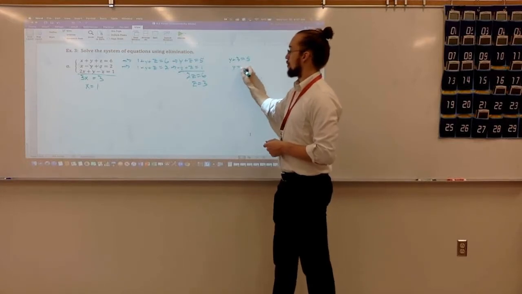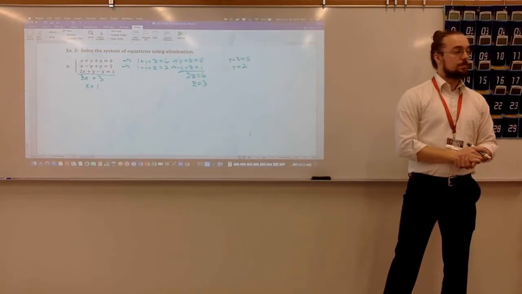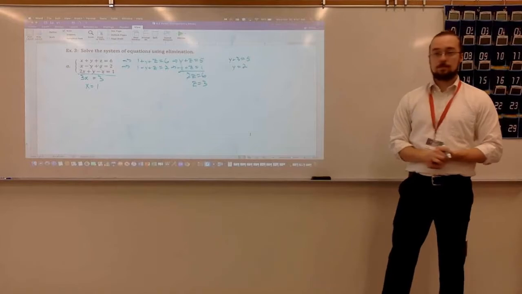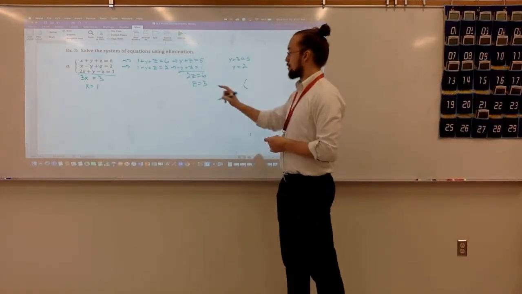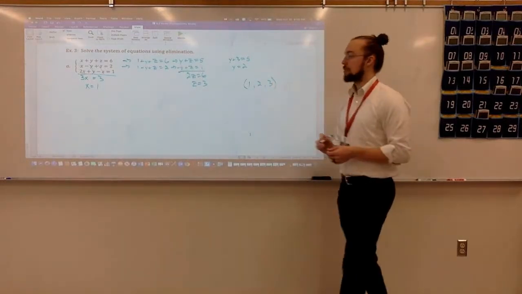Subtract the 3 over, and we'll get y equals 2. So, my solution is going to be the points 1, 2, 3.